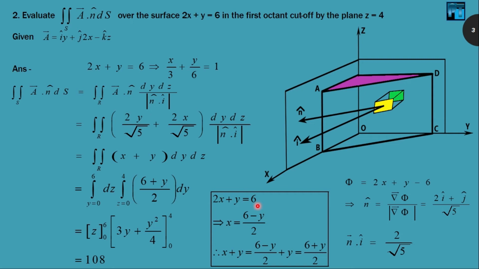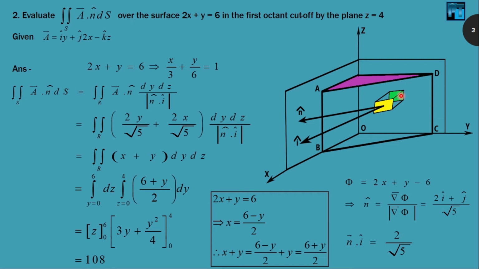Clear? Now this is a very simple surface integral. You have already done it in your first question. After necessary calculations, we get 108 as the answer. Now I have done the whole operation taking the projection on the yz plane.